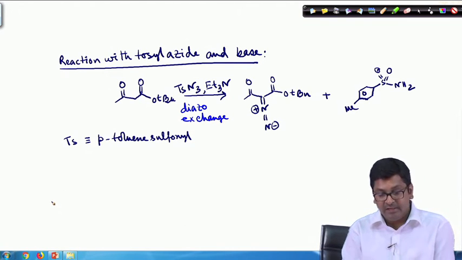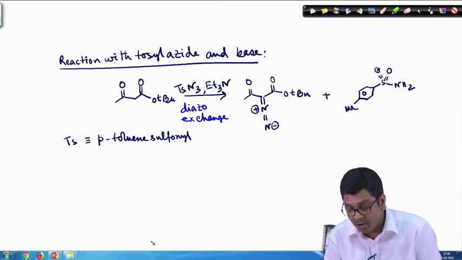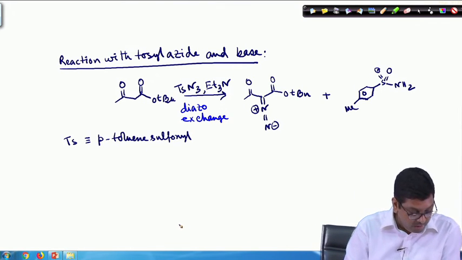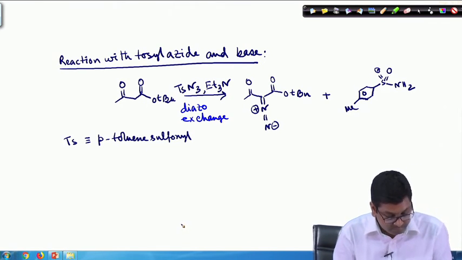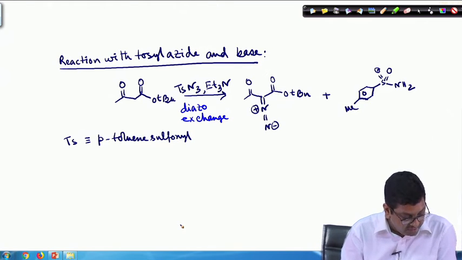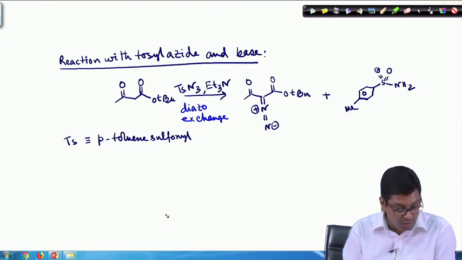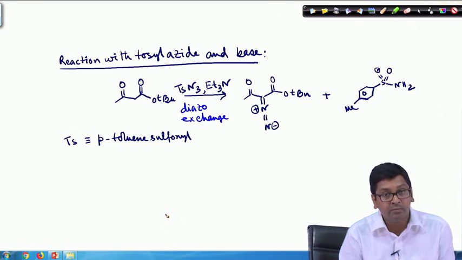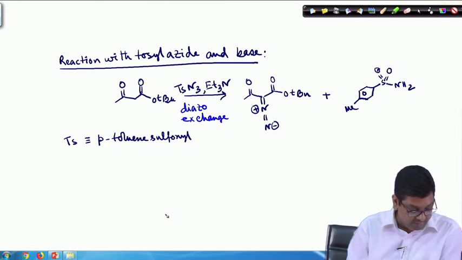in another method for the preparation of these diazocarbonyl compounds, people have used alpha trifluoroacetyl derivatives of the ketone to prepare its corresponding diazo derivative.